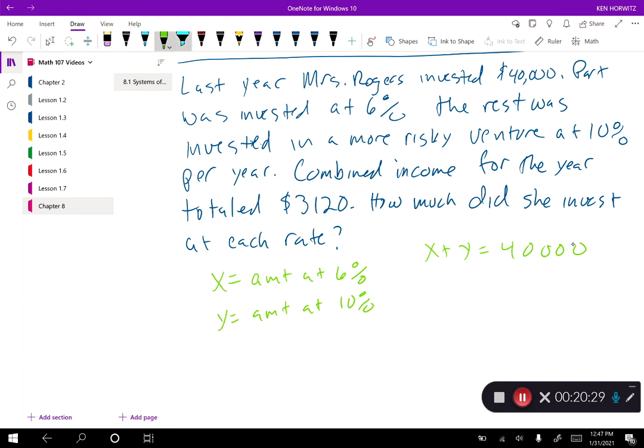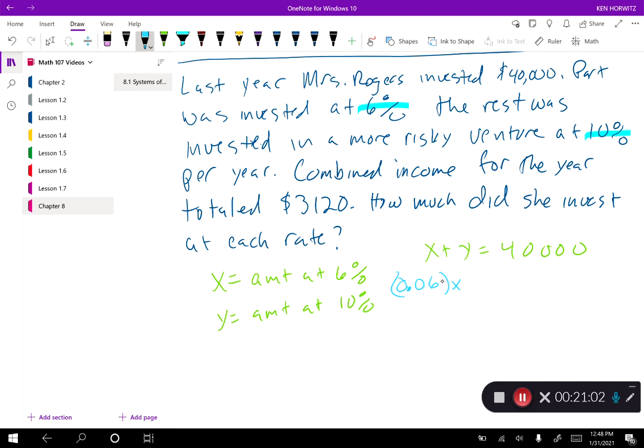Well, now I'm going to use my 6 and my 10% to my advantage. Again, I'm going to use a different color. If I took x and multiplied it times 6% as a decimal, 0.06, that would be the amount of money made.